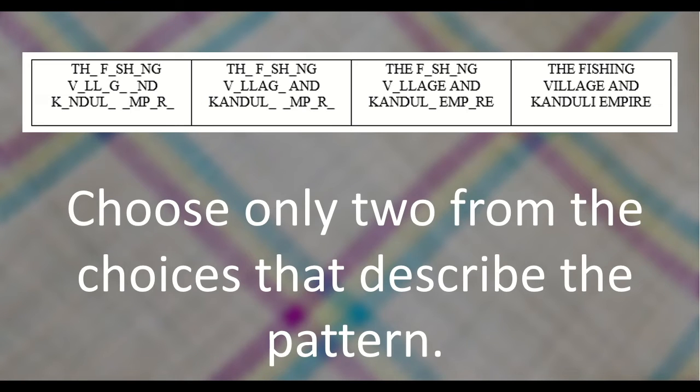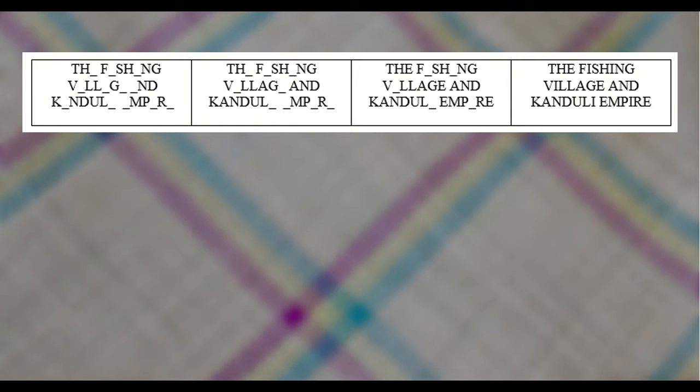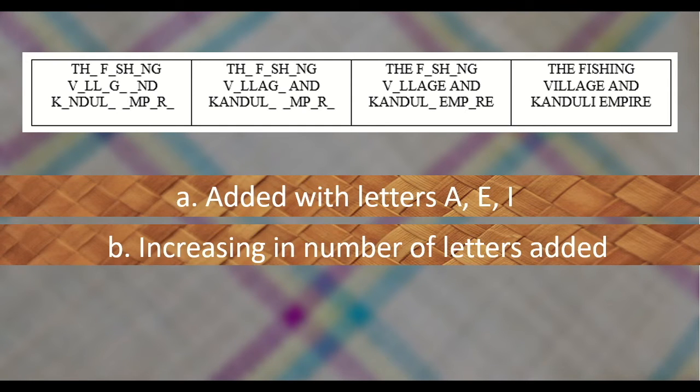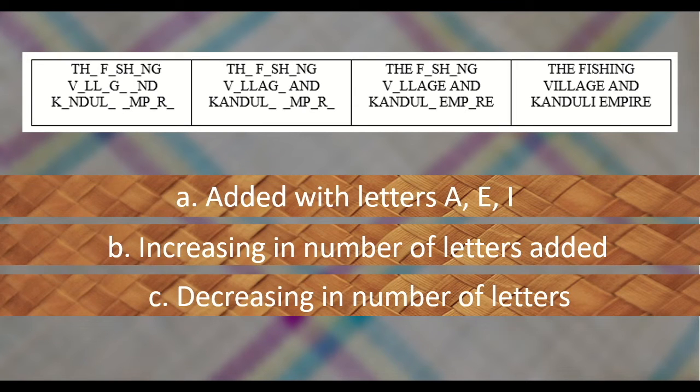Choose only two from the choices that describe the pattern. Is it letter A, added with letters A, E, I? Letter B, increasing in number of letters, added? Letter C, decreasing in number of letters?